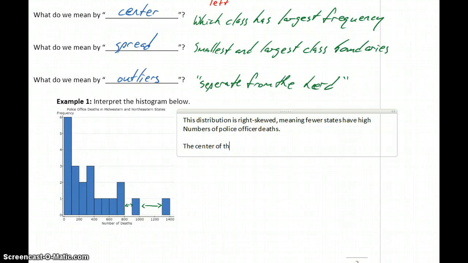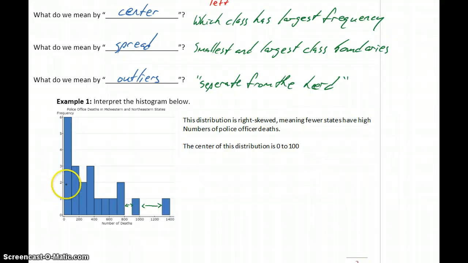The center of this distribution is 0 to 100, because that's the bin that has our largest frequency. So we just identify that bin with the largest frequency. In this case, it's the class from 0 to 100. And now we want to also include a statement about what that means.